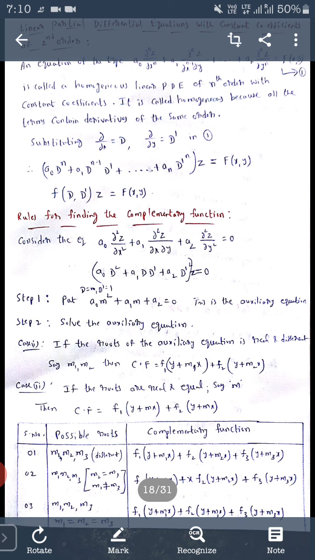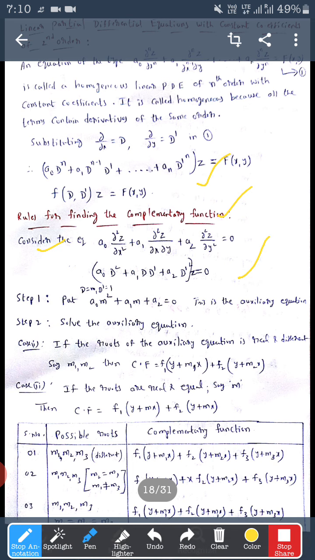Next our topic is linear partial differential equations with constant coefficients of second order. In this type, the equation is of the form a naught D power of n plus a1 D power of n minus 1 D dash plus and so on, an D dash power of n, z is equal to f of x comma y.